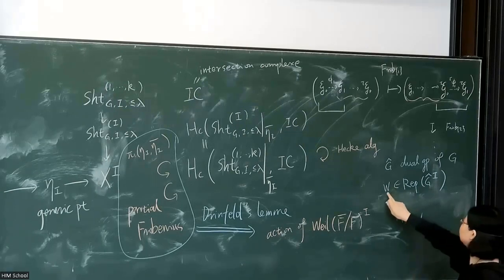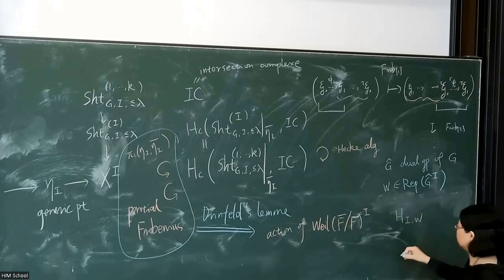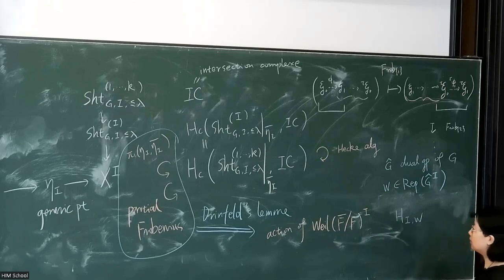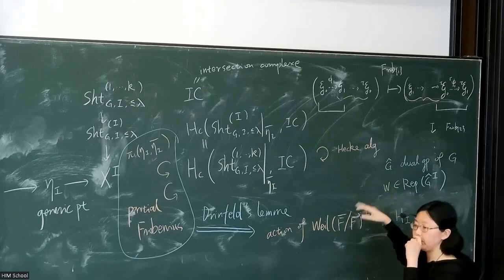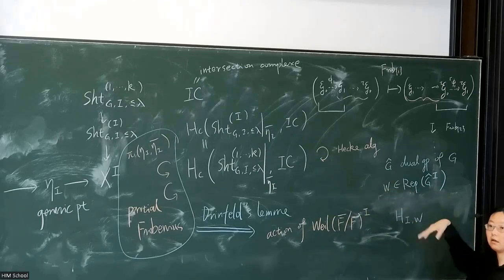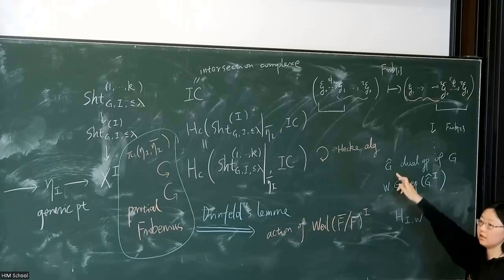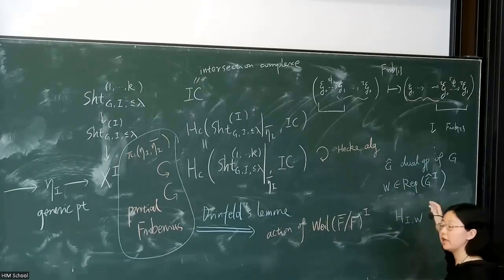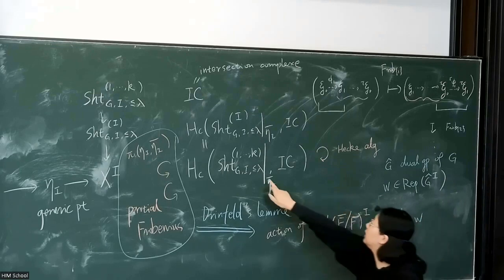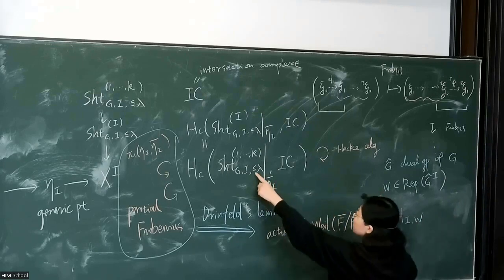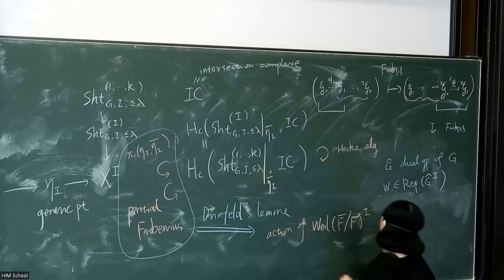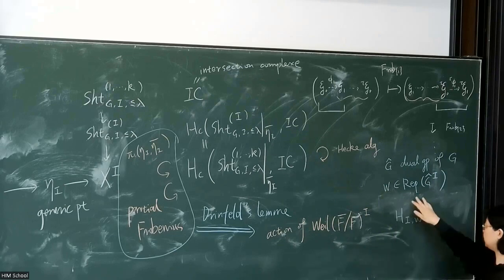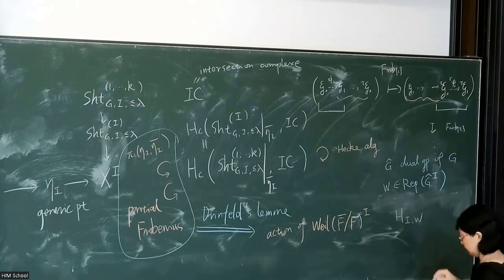And when this representation is irreducible, it's a product of irreducible representations indexed by the highest weight of the dual group, so a co-weight of the group. So this is a very special case of W. And in general, we have a cohomology like this.